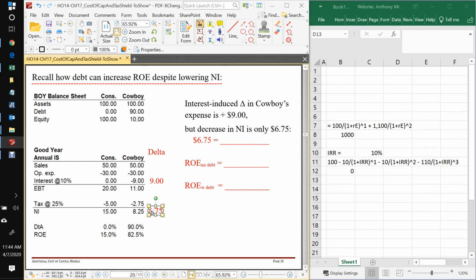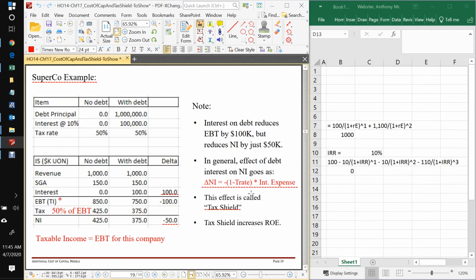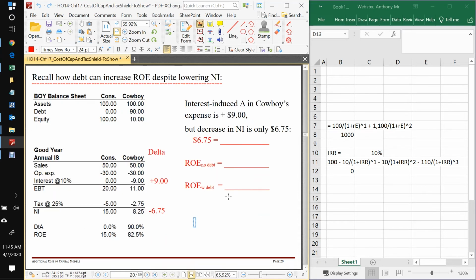So let me actually, I just want to put some signs in here. Minus 6.75, and I'll say plus 9. So the expenses went up by 9, but net income only went down by 6.75. Okay, so I got this number. You can get this number just by working out all the math on the income statement, but we could also use our little formula over here, 1 minus the tax rate times the interest expense.